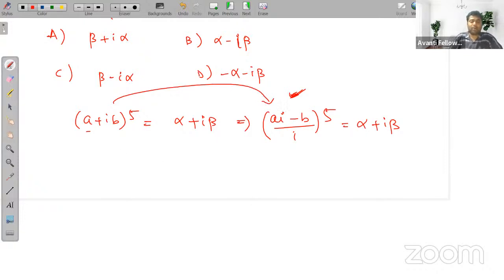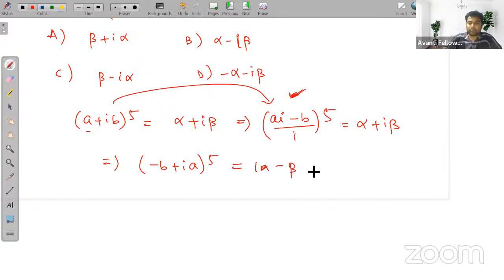Okay, now what we will do, we'll write this as (minus B plus IA) whole to the power 5 is equal to I alpha minus beta. If you cross multiply here, this will be I into I beta and I into I alpha, that is I alpha minus beta.